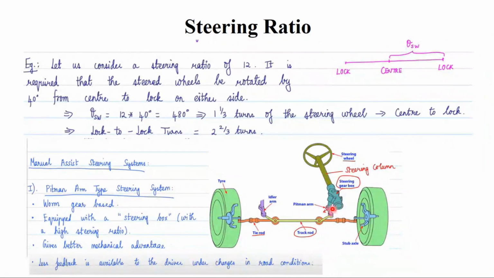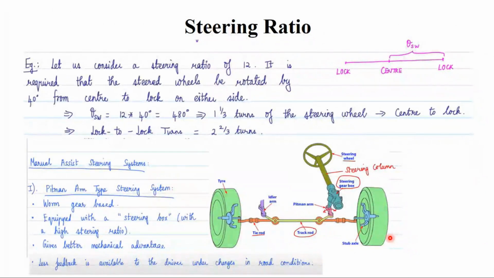This rotary motion is converted to linear motion with the help of the Pitman arm, and then the load gets transferred from the axle to the tire. The load is finally going to the tire. That is a basic fact that everyone knows.